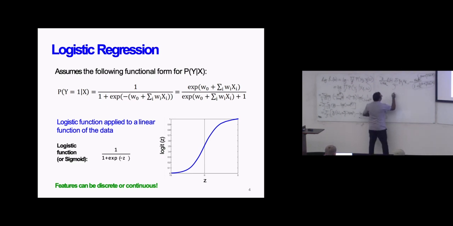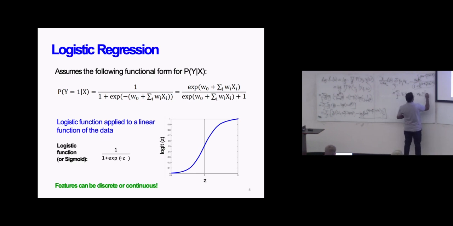So this is essentially saying sum over j of yj xk minus xk times the probability of yj equals to 1 given w and xk. Just the definition we are replacing.